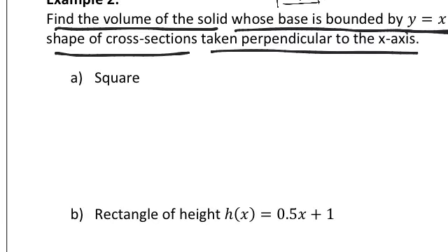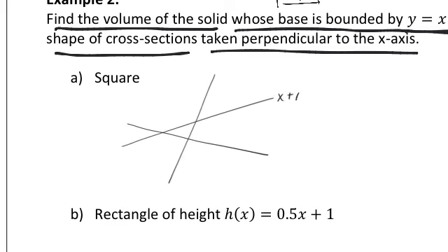So when you are just given two equations for the base, your first step is going to be to graph those two equations. And so you'd come up with something like this. We've got a parabola and a line. So here's my parabola, x squared minus 1, and then I have my line, x plus 1.